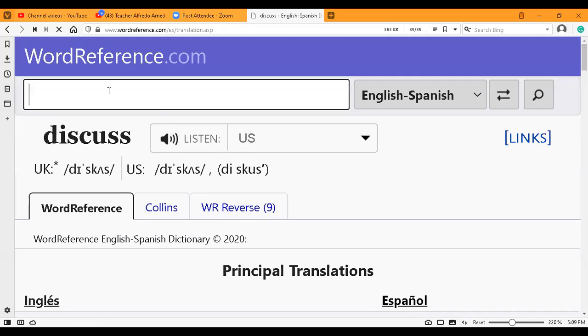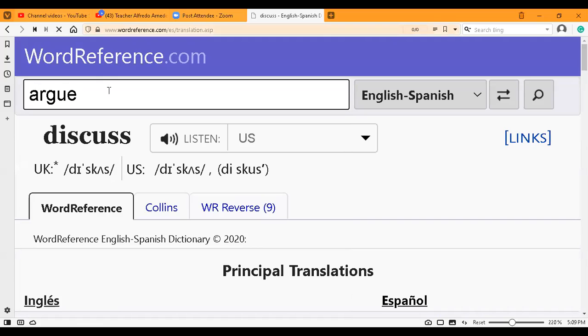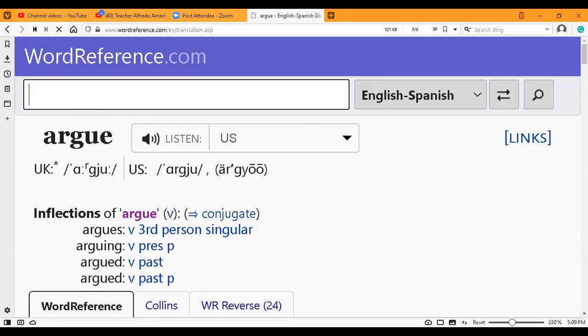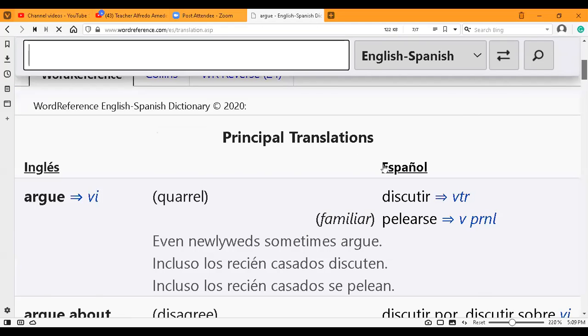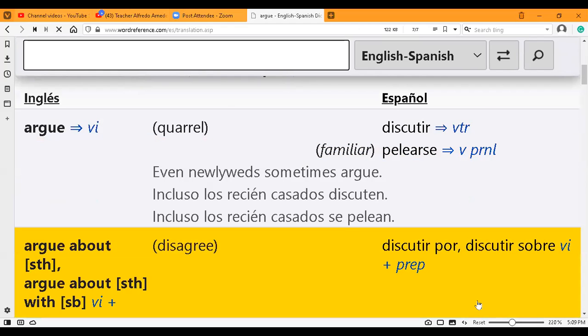Ahora, viene la palabra argue como verbo. Argue. La palabra argue es todo lo contrario. Argue is a synonym of like fighting. It's when you start to fight with a person because you agree or disagree with something.